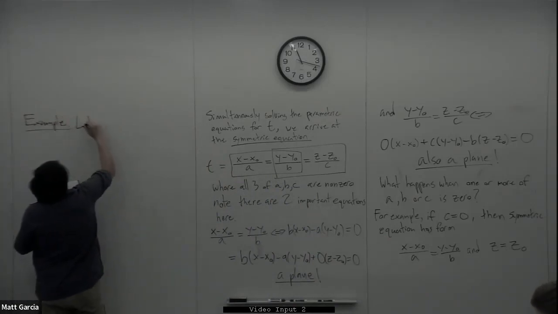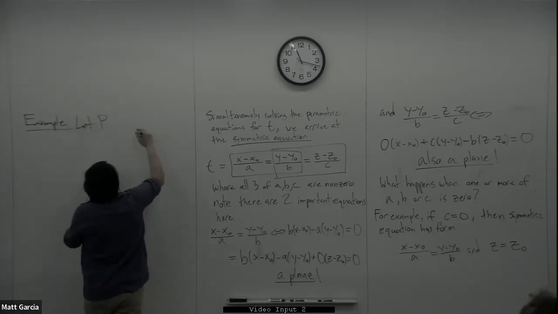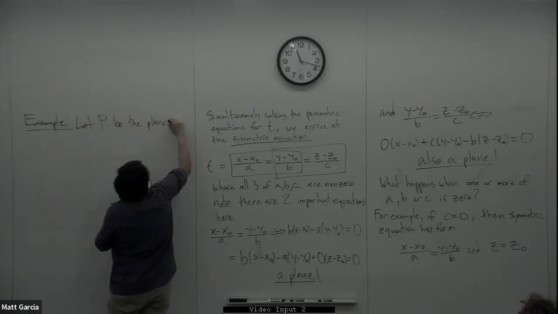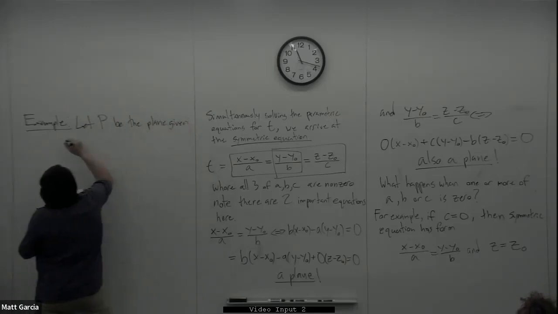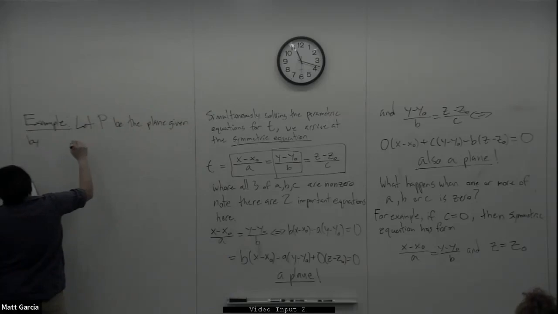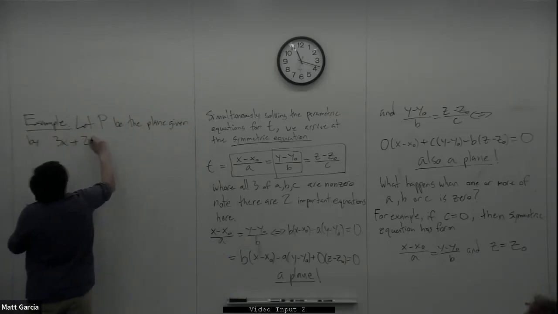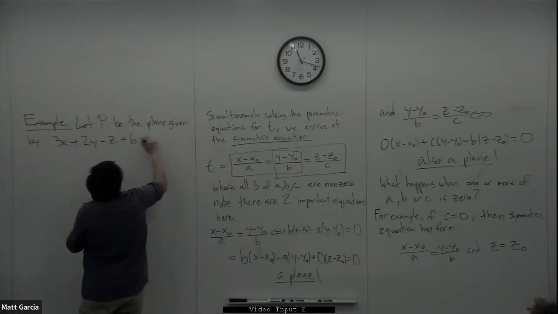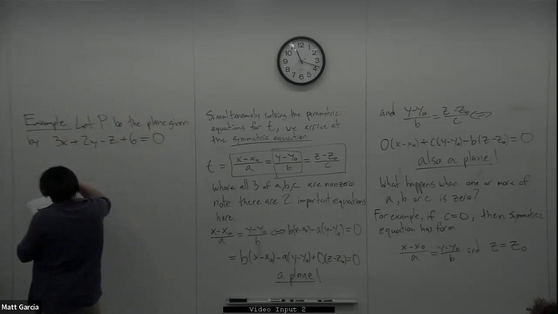So let's let P be the plane given by 3x plus 2y minus z plus 6 equal to 0.